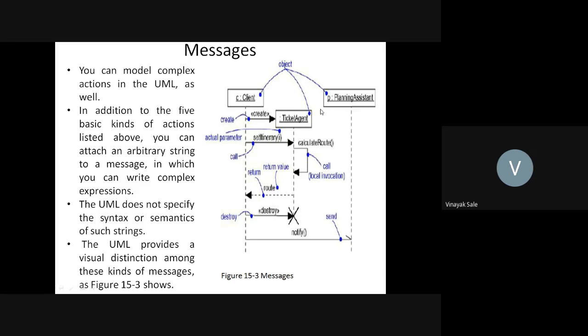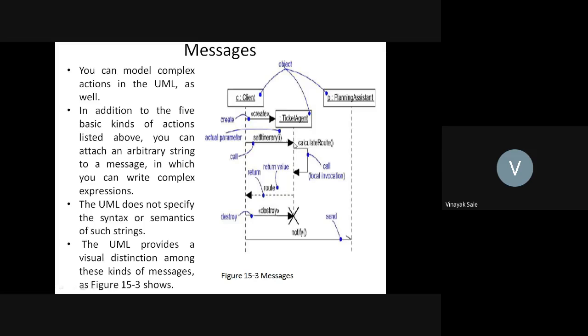See in this figure, there is a communication between the client, planning assistant and ticket agent. And these C, T, P are the objects. So objects communicate with each other. The client sends a message, create, to the ticket agent. Then it again sends a message with some parameter.